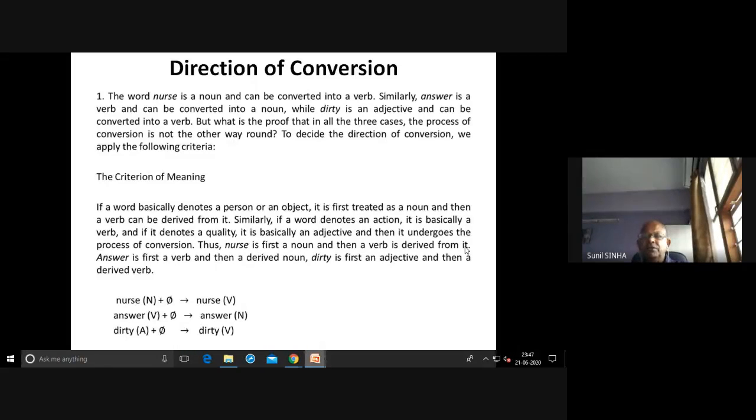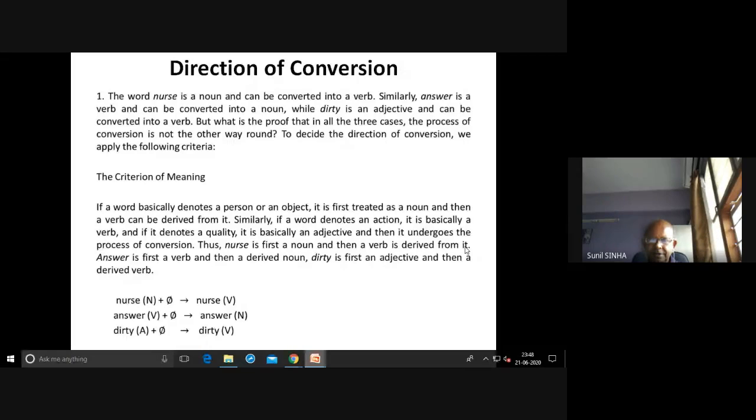Now, direction of conversion. Direction means, look at the words at the bottom of this slide: nurse, there is an arrow, and then nurse. Answer, there is an arrow, and then answer. Dirty, there is an arrow, and then dirty. What does this arrow indicate?